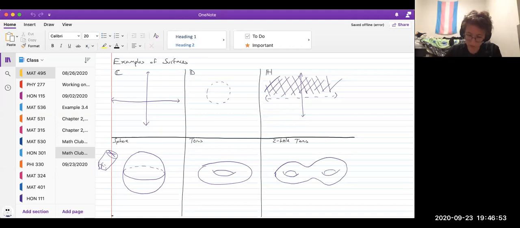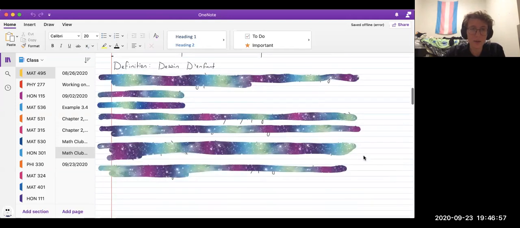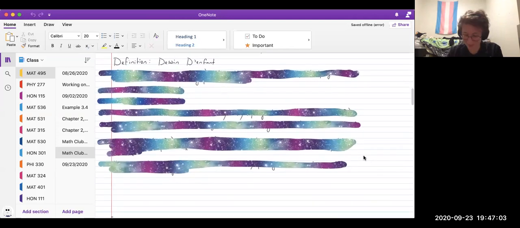Okay, so moving on. Now we're going to define the main character of the discussion, which is a dessin d'enfant. What the name literally means is French for child's drawing.